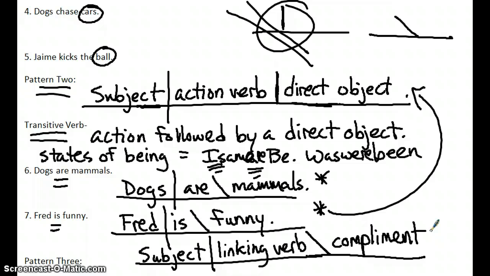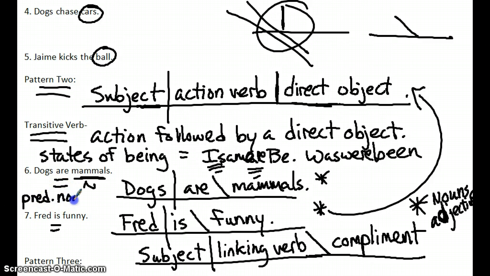Now, complements can be one of two options. They can either be nouns, as in mammals in the first example, or they can be adjectives, as in the second example. Okay? So, we call the first one, because it's a noun, mammals, a predicate nominative.